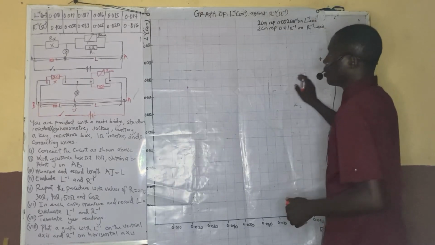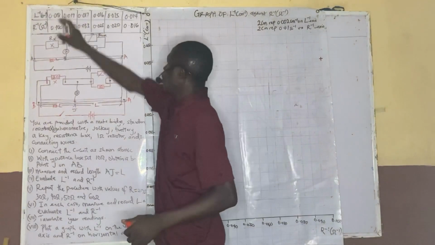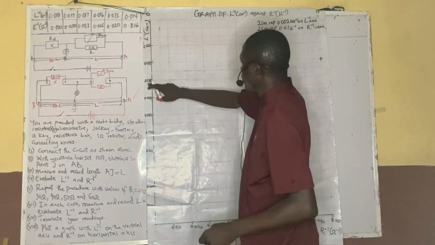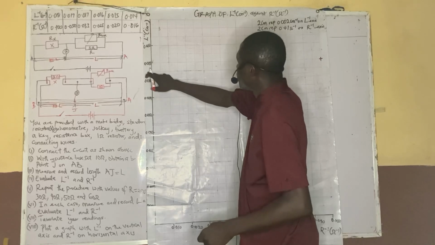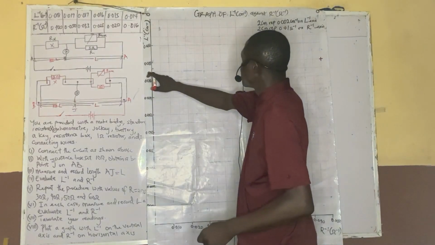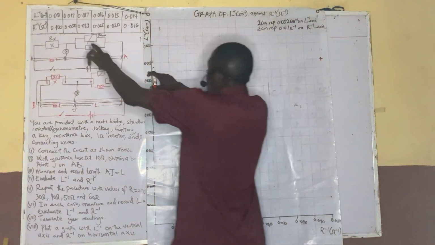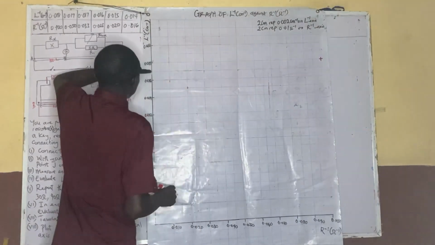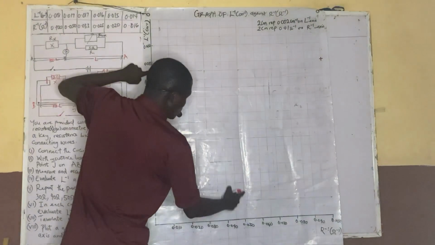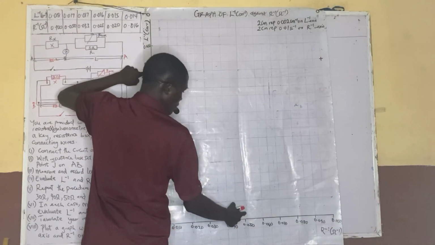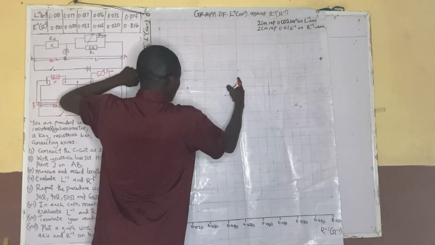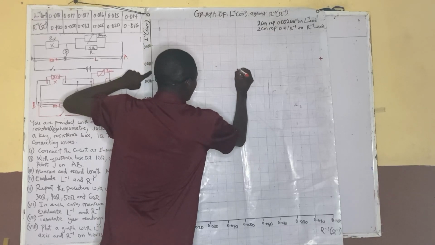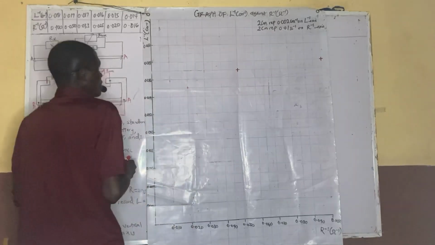The second point is 0.017. 0.017 will be the middle point of this because it's 0.016. 0.017 is here against 0.05. So you trace this to this 0.05. Trace it to this point. Now we have another point here.